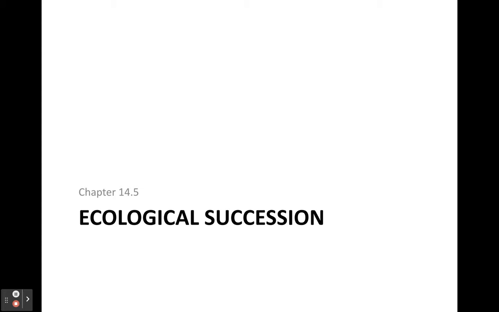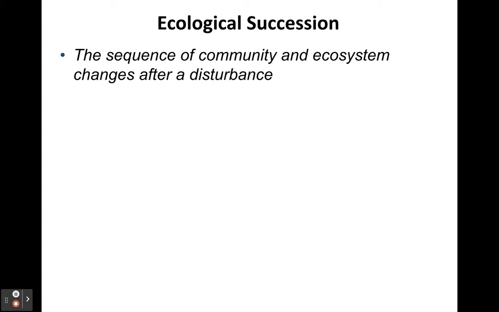All right, so let's go right ahead and define ecological succession a little bit more specifically. We can define ecological succession as the sequence of community and ecosystem changes that occur after a disturbance. A couple things here. Community, remember, is all of the different species of living organisms in a certain place.